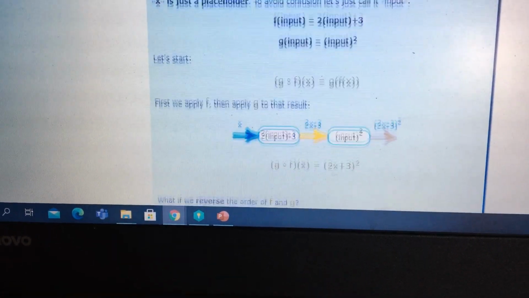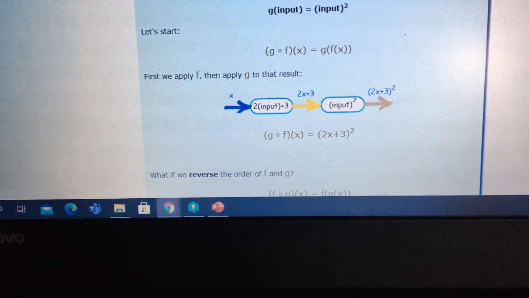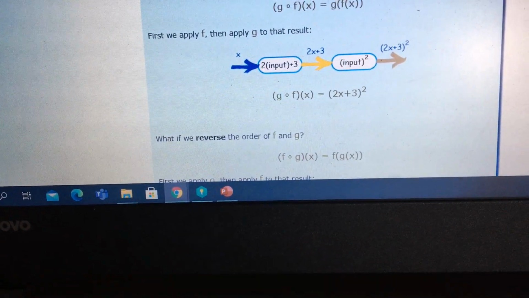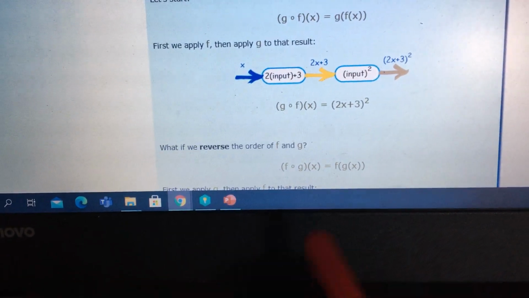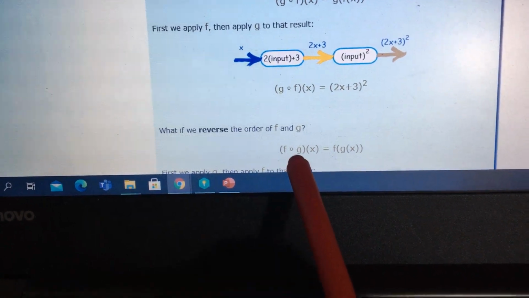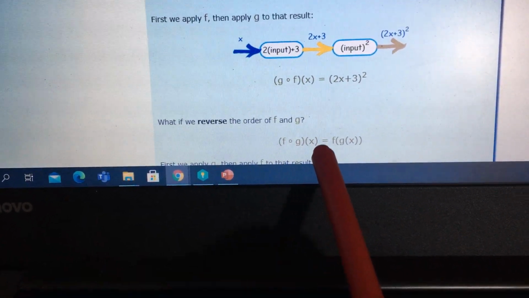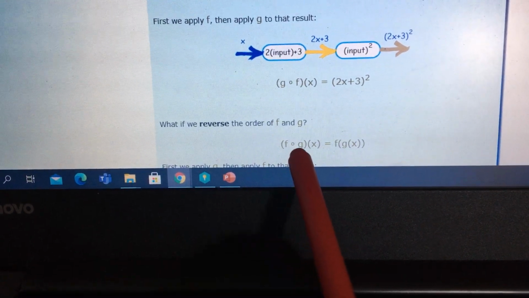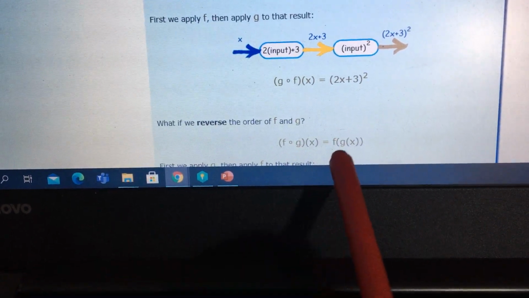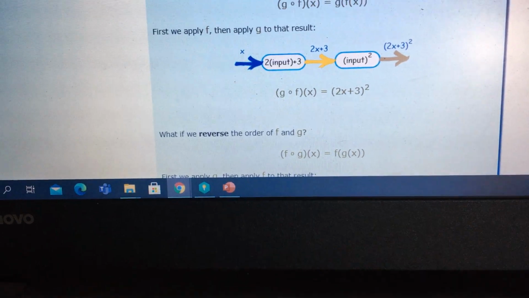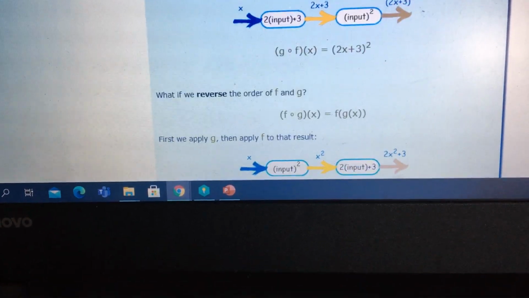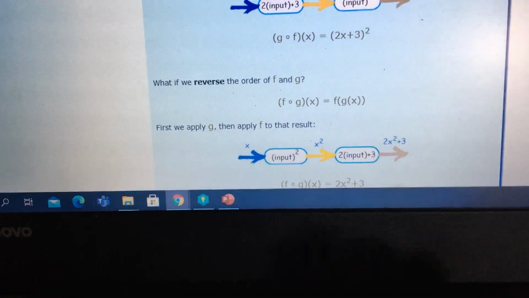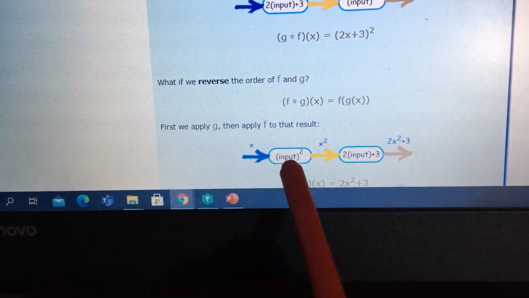So next, what if we reverse the order of f and g? We have this notation, the composite function of x equal to f of g of x. So next we have to apply g first.